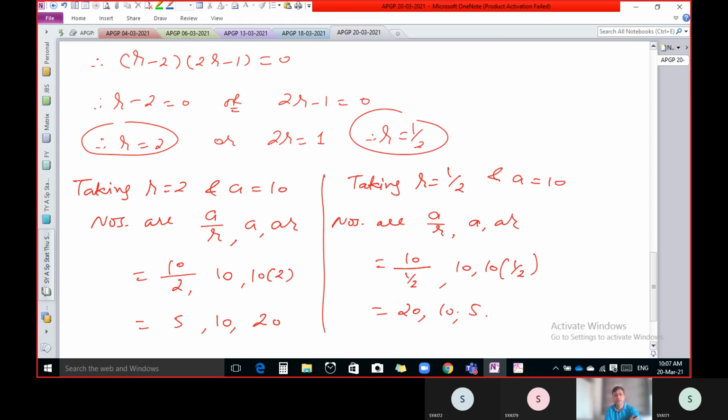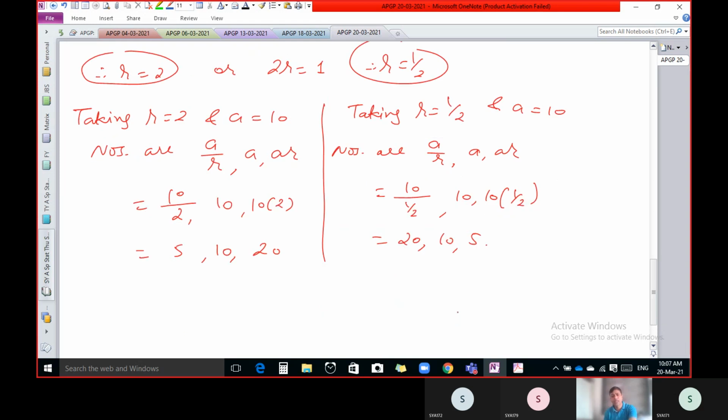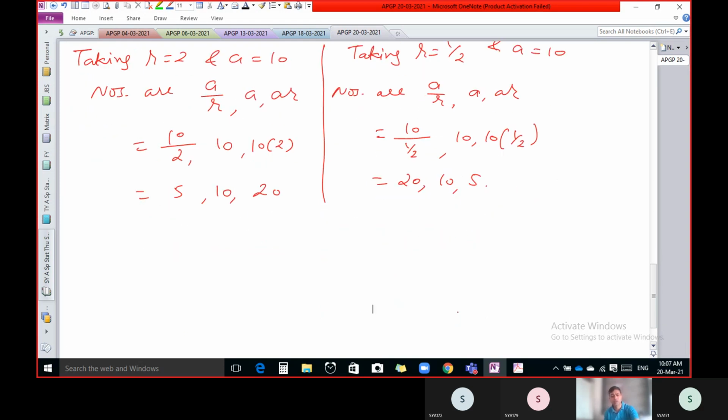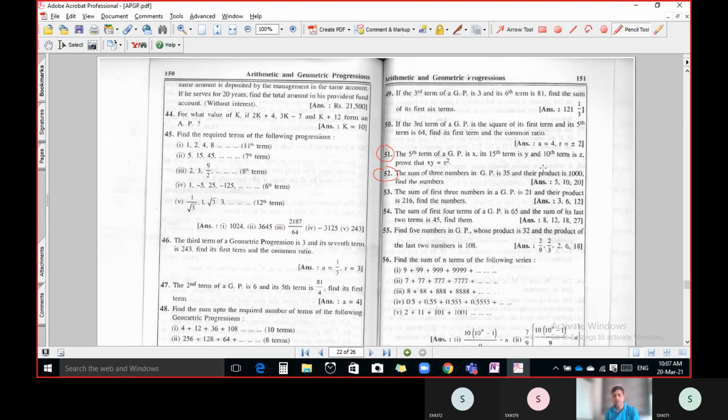So either 5, 10, 20 or 20, 10, 5 is our final answer for this question. Whenever we have to find three numbers, and the product is given, it is better to take a upon r, a and ar.